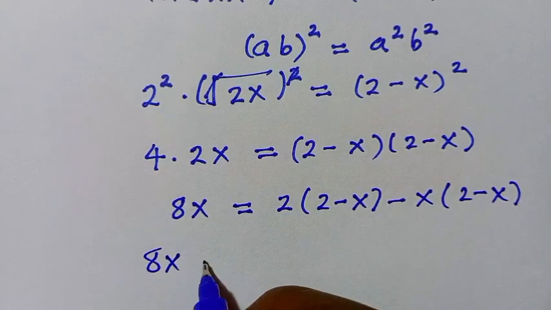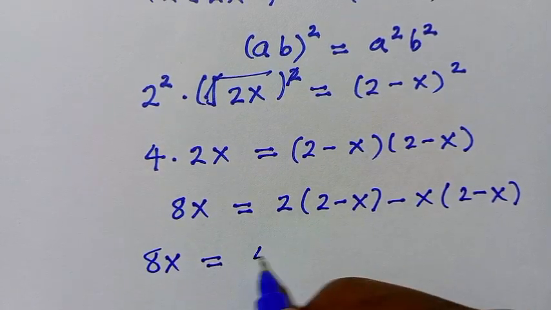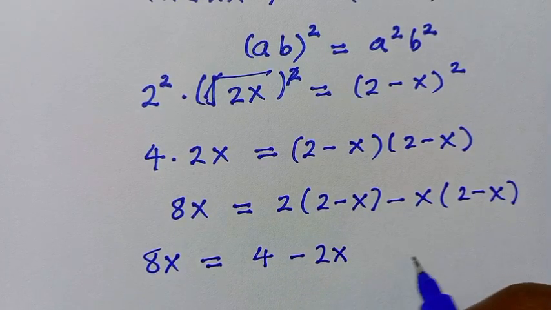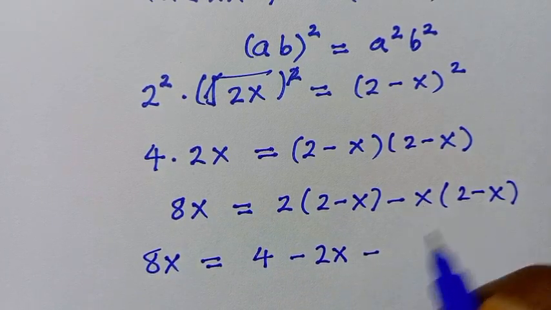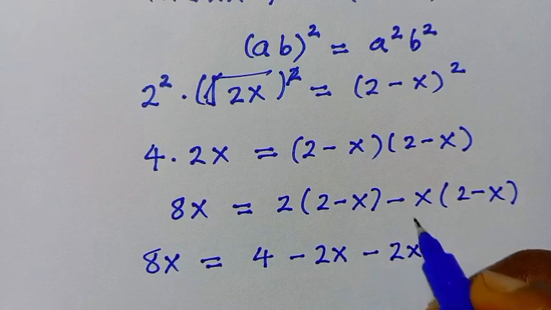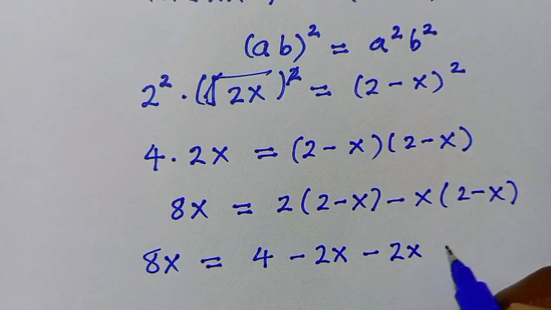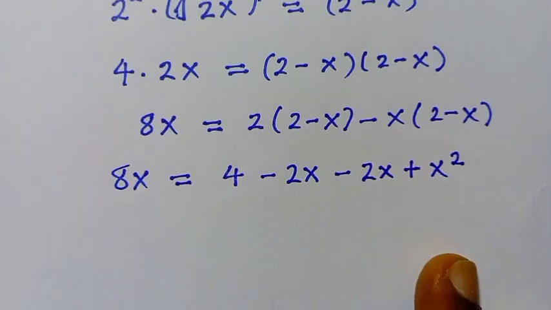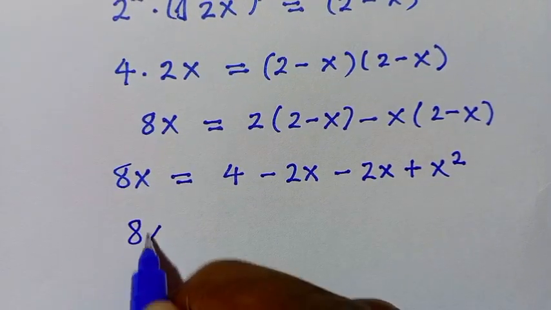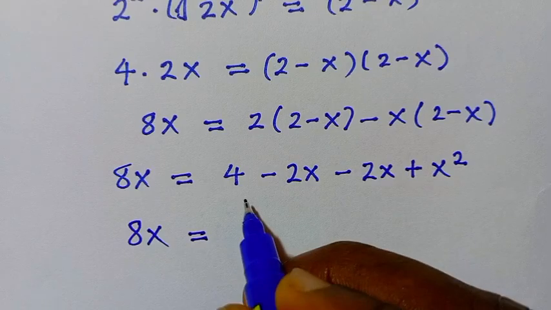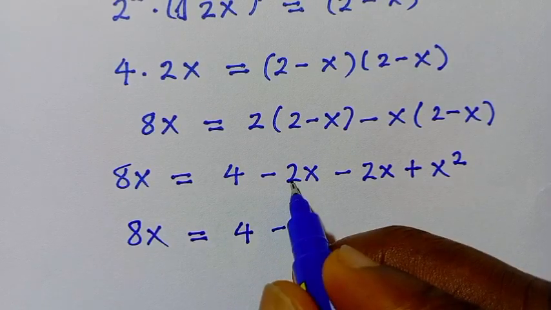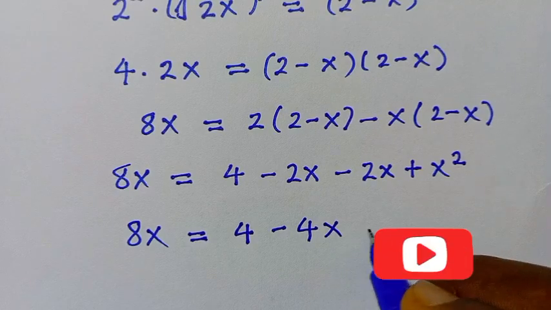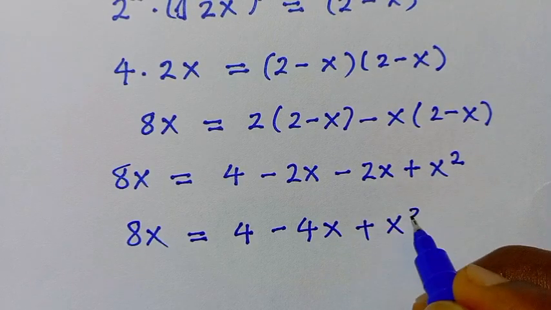Then 8x equals 2 times 2, you get 4, minus 2 times x, that is 2x, minus x times 2, that is 2x, and minus x multiplied by minus x, you get plus x squared. Then we have 8x equals 4 minus 2x minus 2x, that is minus 4x, plus x squared.